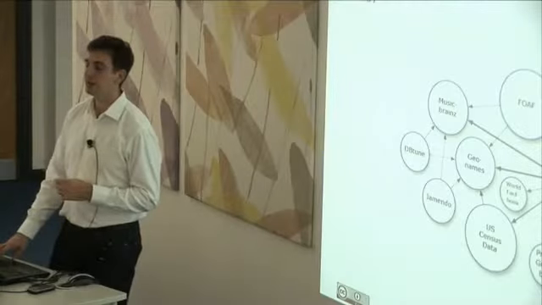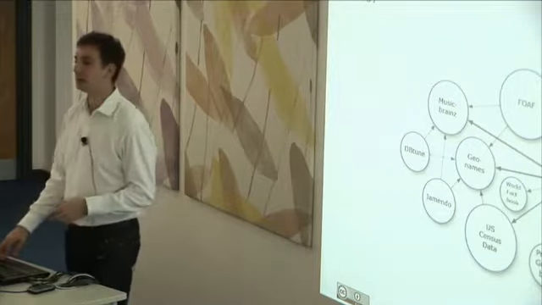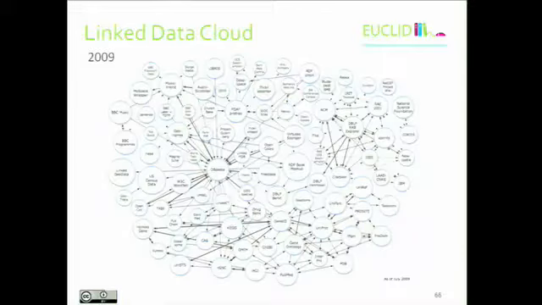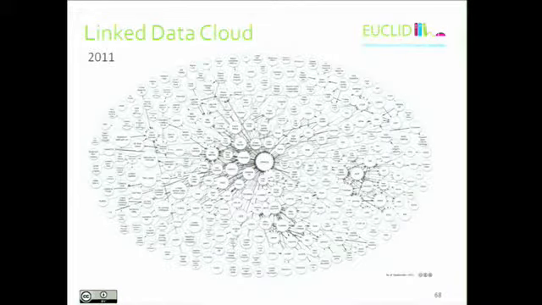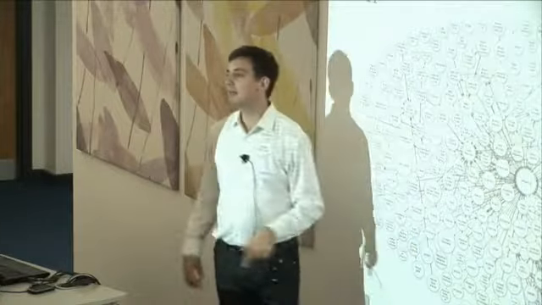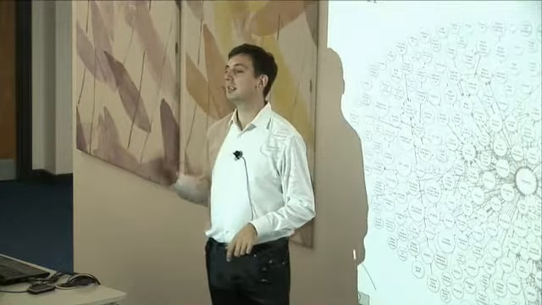In 2007, it was easy to count how many datasets were using those principles. But as the years went by, this diagram became huge. There are many datasets with many interlinkage points between them. So just to draw out a few that we've talked about, you see dbpedia here, very, very heavily interlinked too.